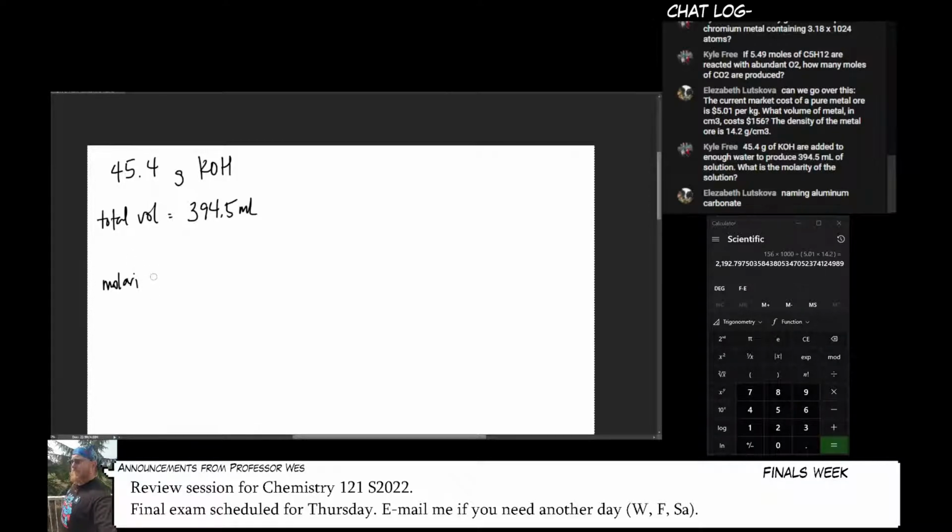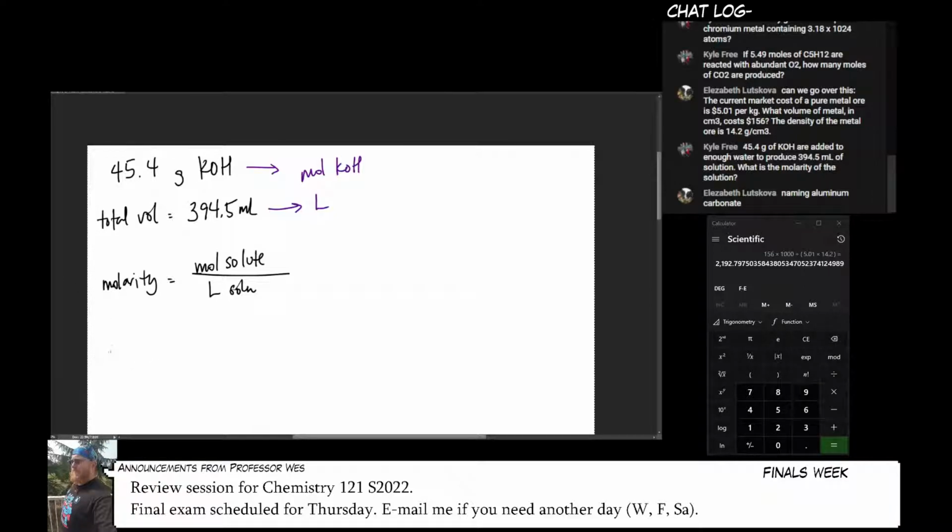Sorry. I hate this pen right now. There's the formula for molarity. We need to know the number of moles of solute, and we need to know the liters of solution. So I need to turn this into moles of KOH, and I need to turn this into liters of solution. So we can do those 2 steps.